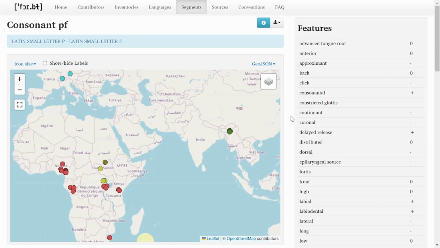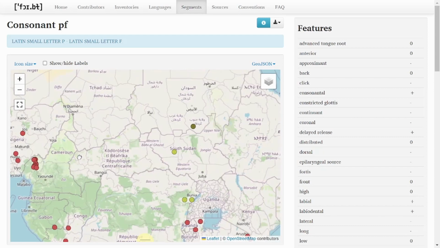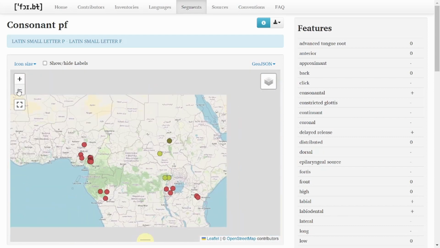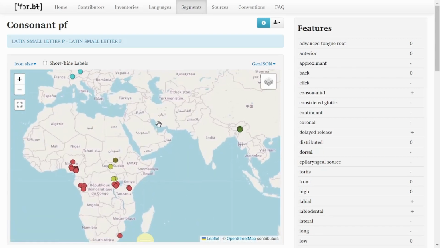But it's actually very common in some parts of Africa, specifically this area around the border of Cameroon, bordering Nigeria. That is where it's most common. And then it occurs a little bit in Nagaland, India, and then in German.